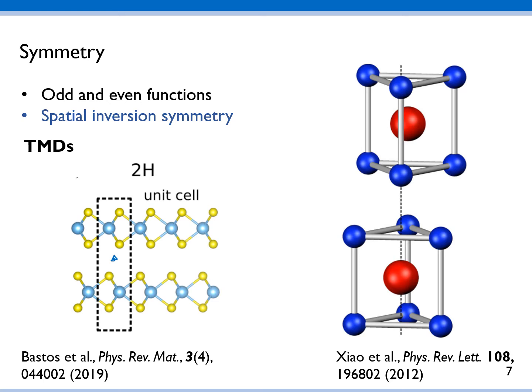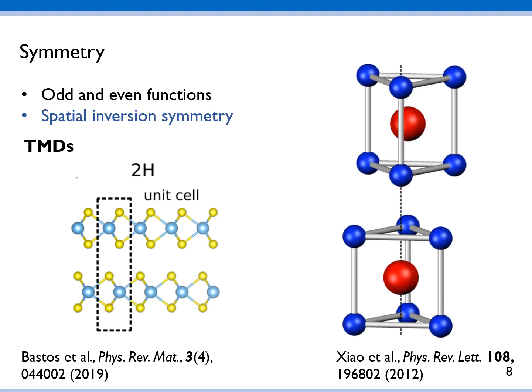However, if we thin this down to the monolayer, so say we cut this part off, we just have a monolayer in our unit cell, and as a spatial inversion point we use the molybdenum atom, for example. If it were molybdenum disulfide, then we can see that inverting this vector does not give us an atom at the other side.